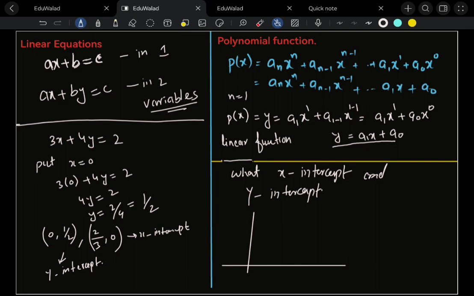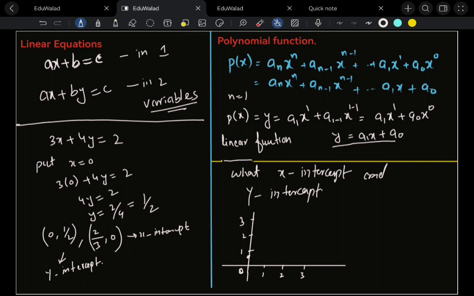So this is our origin, which is 0. From 0, to the right are positive values of x, and upward are positive values of y. Taking x equal to 0, the value of y is 1 upon 2, which is equal to 0.5.